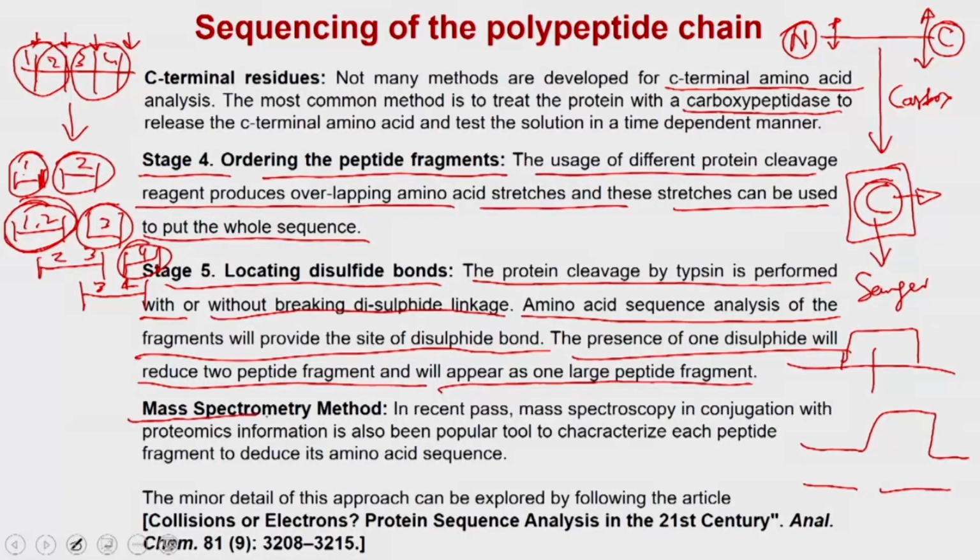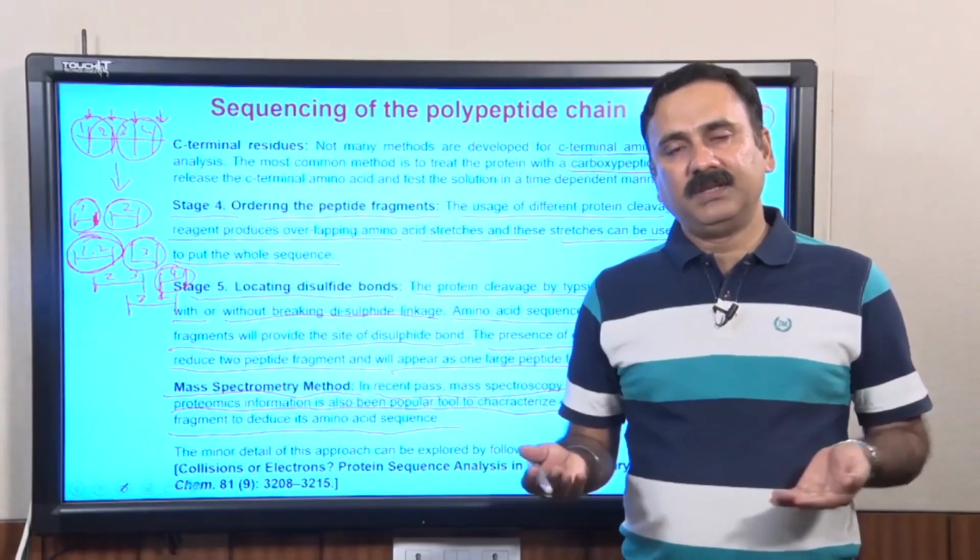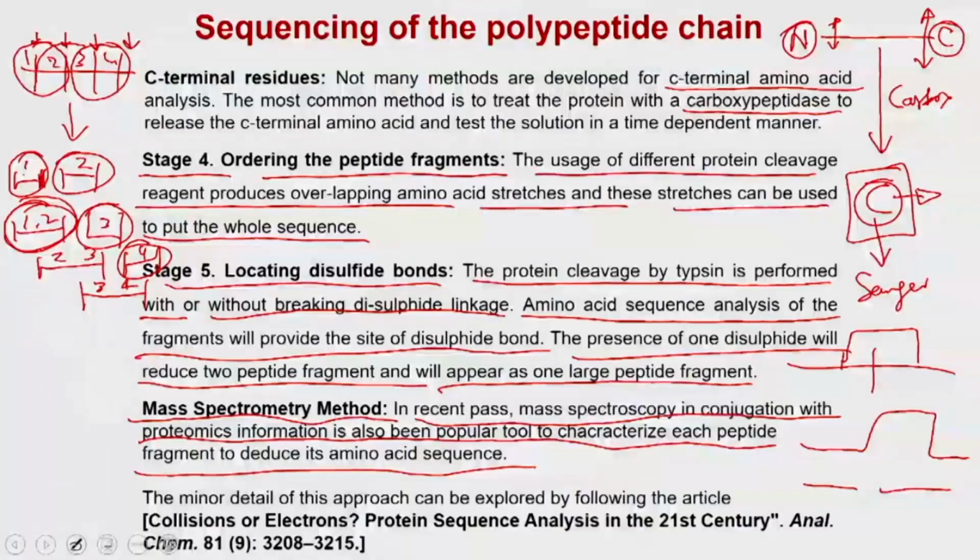Lastly, to deduce the sequences, there is a method that people very often use, which is mass spectrometry. In the recent past, mass spectrometry in conjunction with proteomics information has become a popular tool to characterize each peptide fragment and deduce its amino acid sequence. If you are interested in this technique, you can read research articles that tell you the potential of mass spectrometry in conjunction with proteomics information.